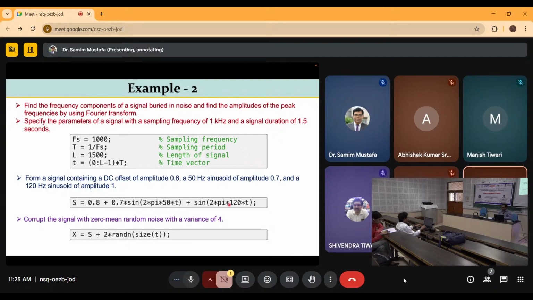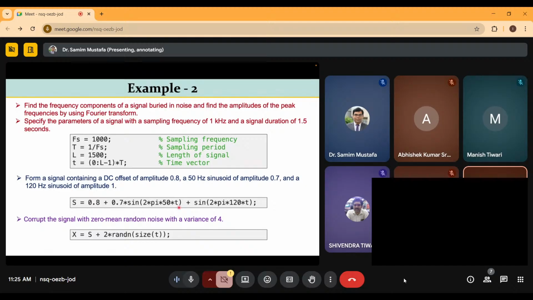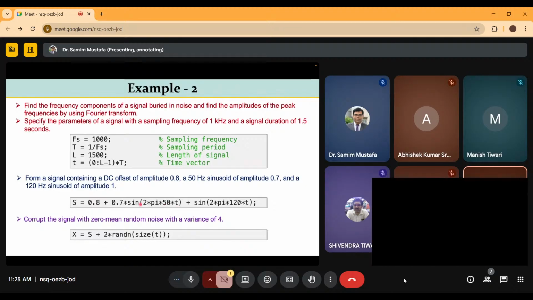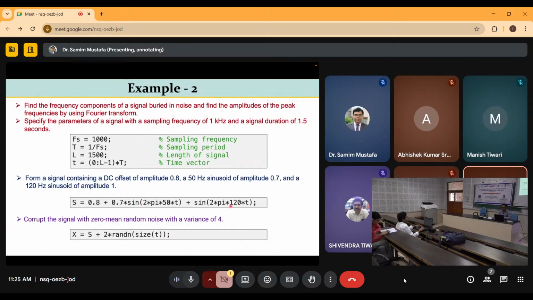Okay, so what is this frequency? 120 Hz. So you are constructing a signal with three amplitudes: 0.8, 0.7 and 1. Also there are frequencies of 50 Hz and 120 Hz in the sine functions.